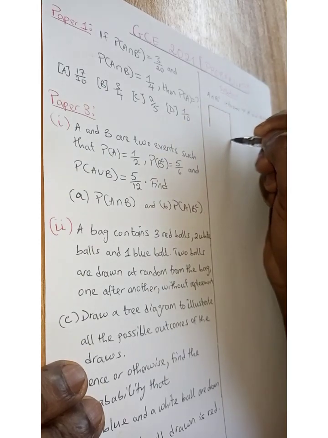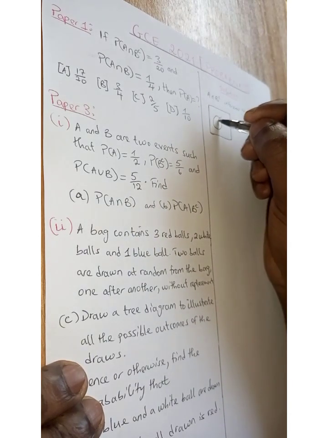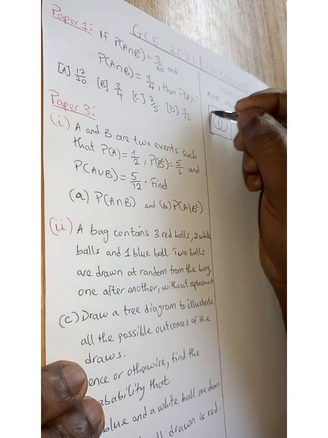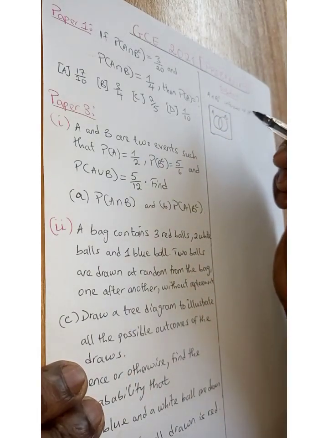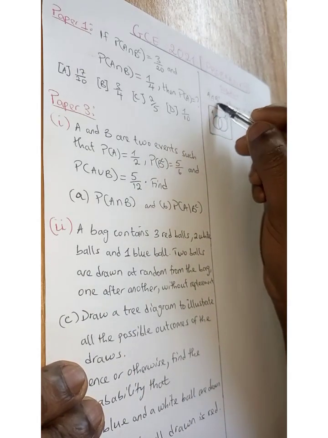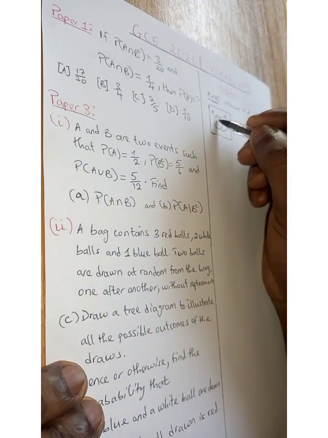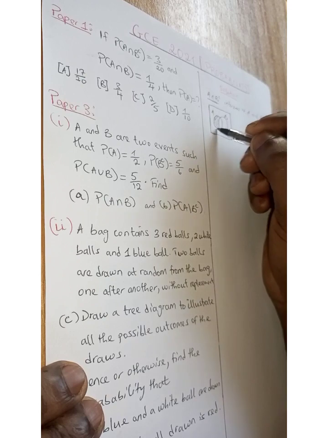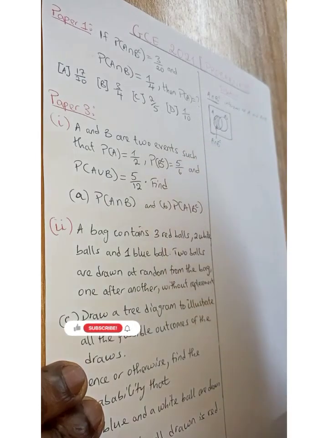So if I draw a small Venn diagram like this containing the two events A and B, I will now shade the region that represents this event. That region is this one. This is the region that represents A intersection B complement.